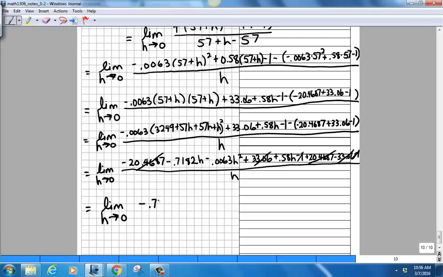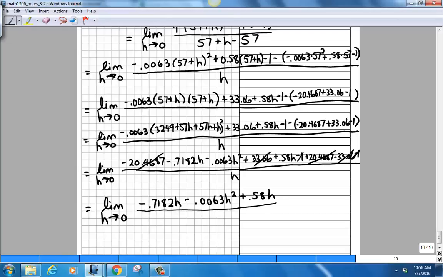So I have minus 0.7182 times h, right? And then minus 0.0063 times h squared, and then plus another 0.58 times h. Is that everything? This, and this is all that's left, right?